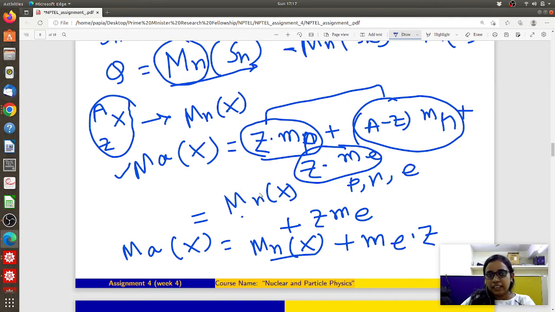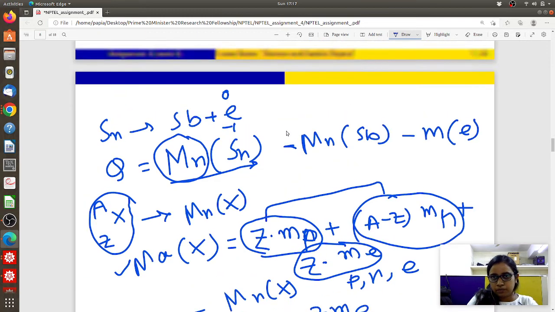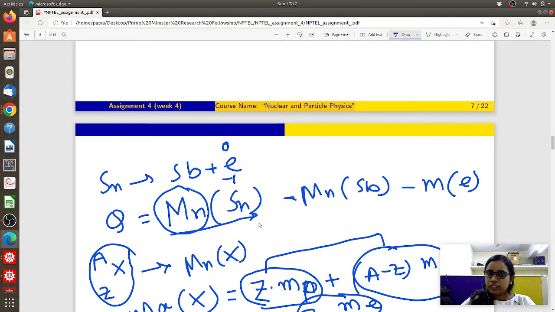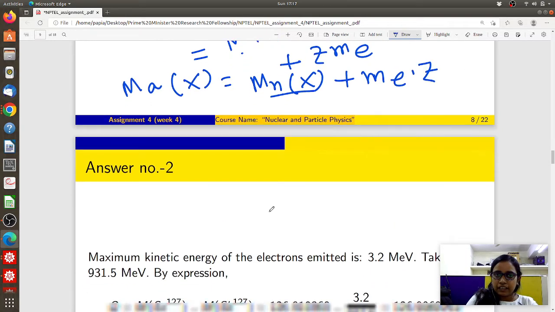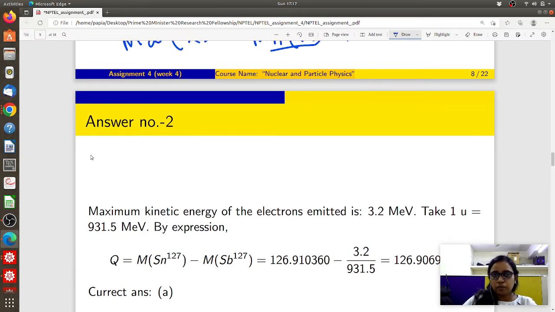So if I write that in the expression of Q, Q equals Mn of Sn minus Mn of Sb minus M of e. So what should I write here? In our question, Mn is not given, Ma is given. Ma means atomic mass is given, but nucleus mass is not given. So we have to convert our Q expression in terms of atomic mass.